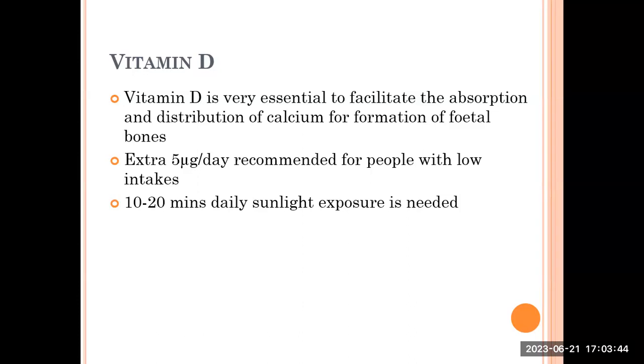The sunlight only needs to convert it to a form that will eventually be activated to provide the functions in your system.